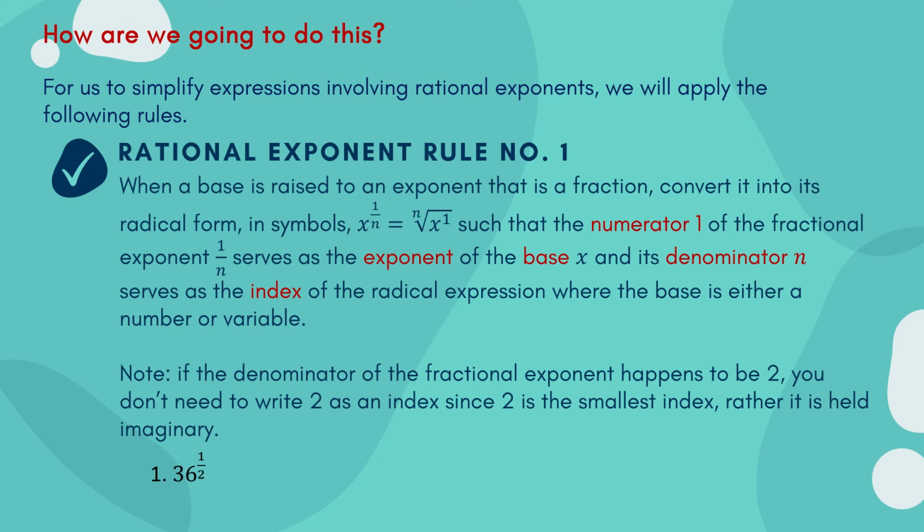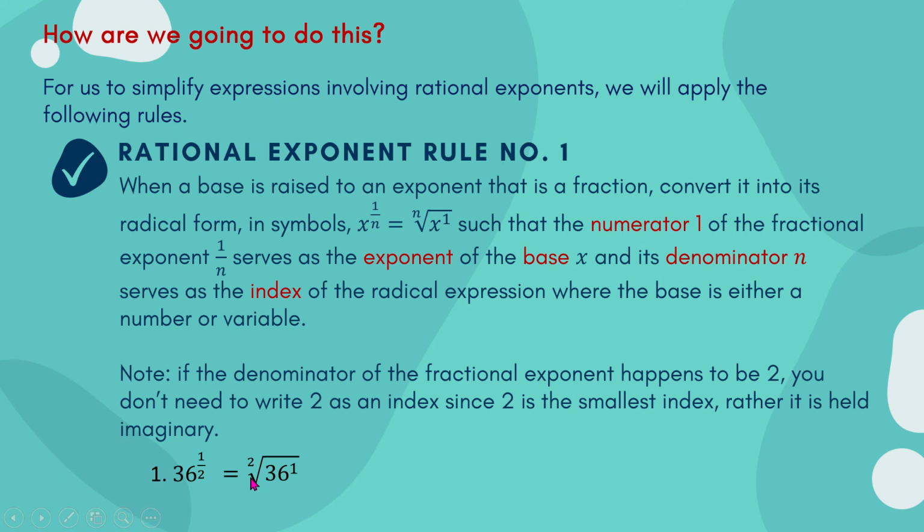So, we'll try example number 1. The given is 36 raised to exponent 1/2. So, how do we do it? We transform it into its radical form. So, in the fractional exponent 1/2, the 1 is the exponent of the base 36. So the base, again, is 36. 1/2 is the exponent.